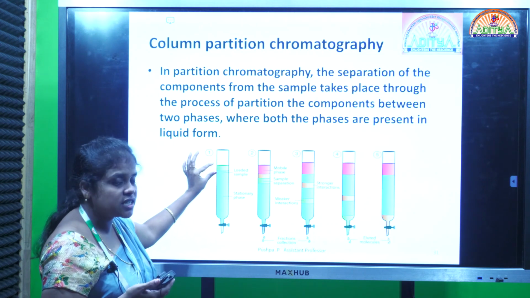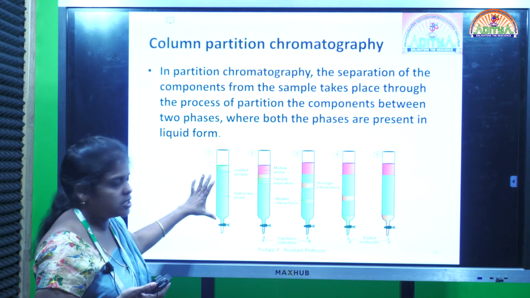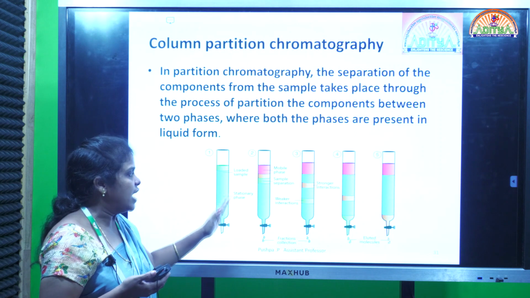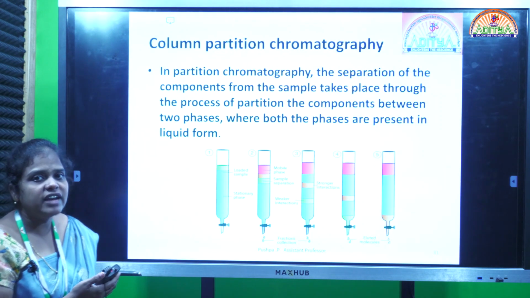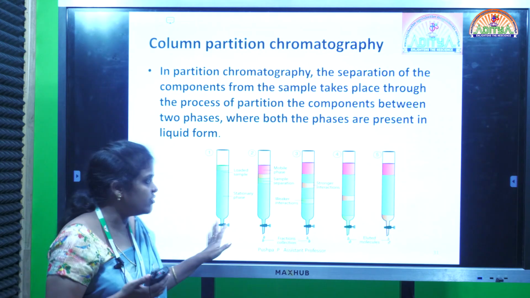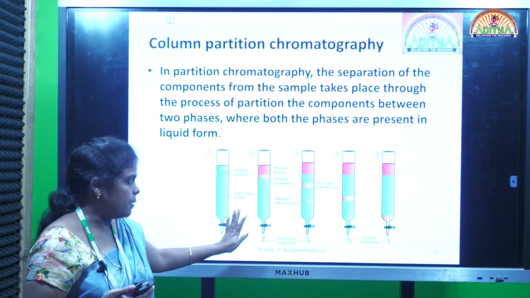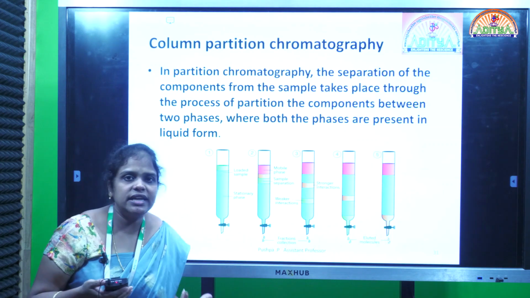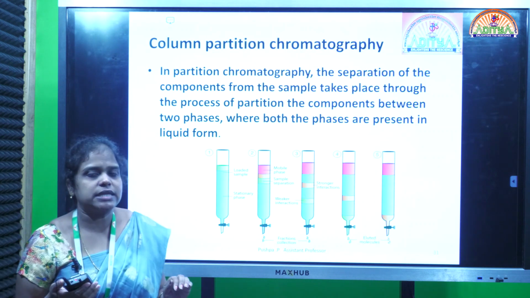The green color one is the sample along with the mobile phase, and this blue color one is the stationary phase. First we take the stationary phase into the column, and then we add the sample along with the mobile phase, and after that we leave the column for some time, and then interactions happen based on the solubility of the components present in that sample.